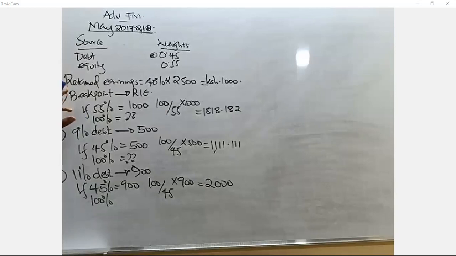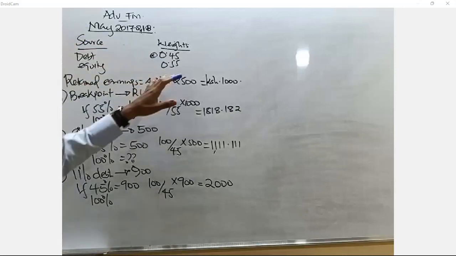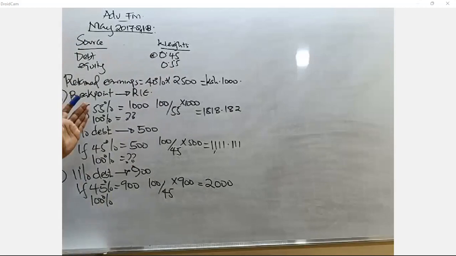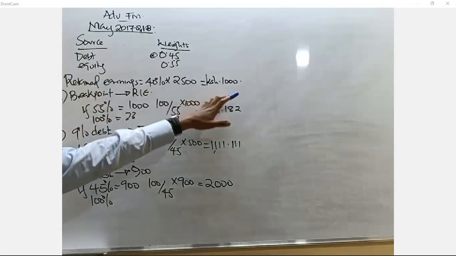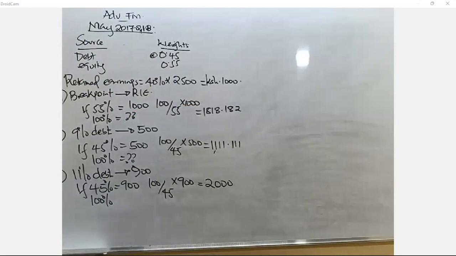So that is where you are seeing we are using the proportions for the equity for every source. For the equity, which is 55%, if 55% is giving us 1,000, which represents the retained earnings, what if we utilize that source fully to 100%? How much money can we raise through the retained earnings? We can raise 1.82 million Kenya shillings.